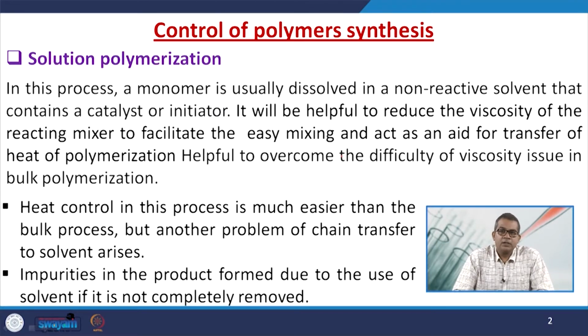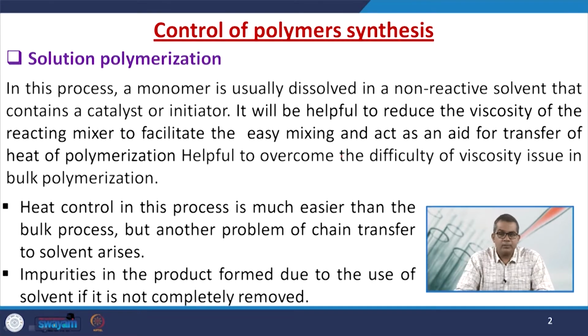So, it will be helpful to reduce the viscosity of the reacting mass, thereby facilitating easy mixing, and sometimes acting as an aid for the transfer of heat of polymerization. It is very helpful to overcome the viscosity difficulty we faced in the bulk polymerization.